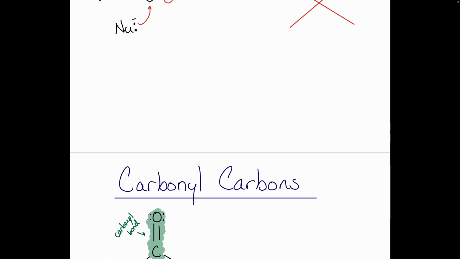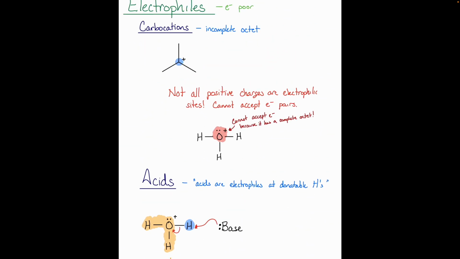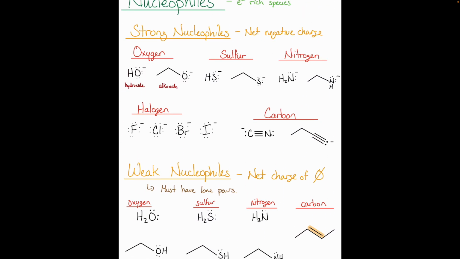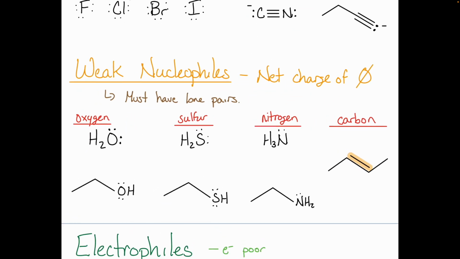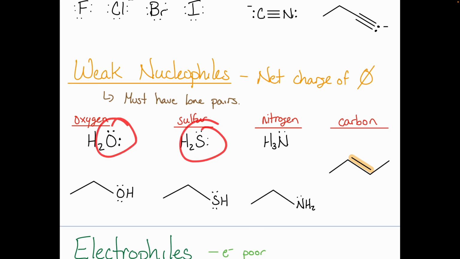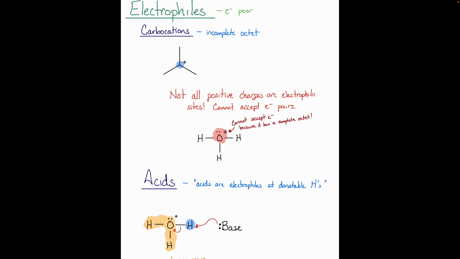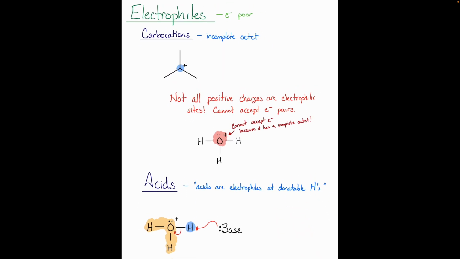So nucleophiles you can spy pretty easily, especially because they usually just have a net negative charge, making it very obvious. If not, you can spy them as being the more electron-rich species because they have a lot of lone pairs on them. Electrophiles can be a little bit harder to spy, but we have these categories that we're looking out for.